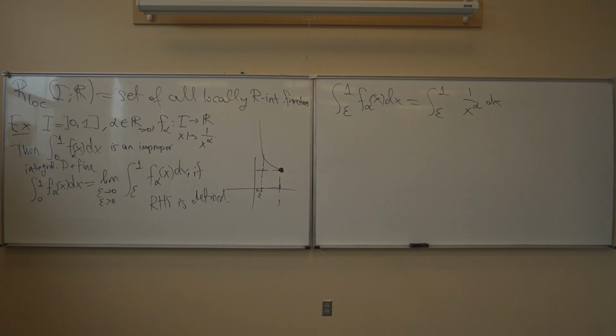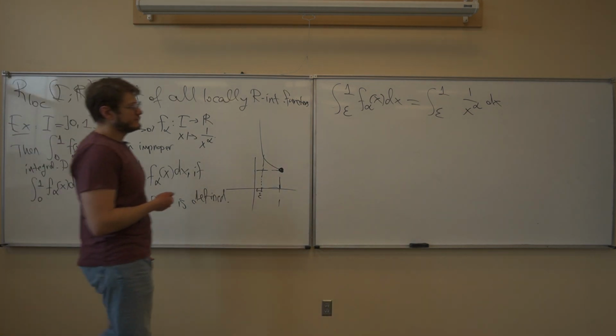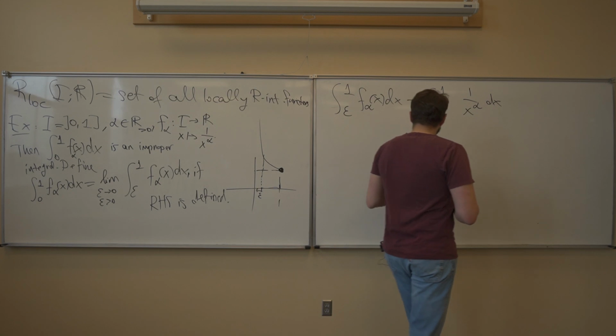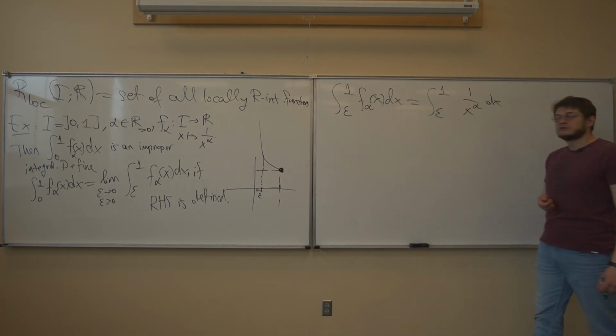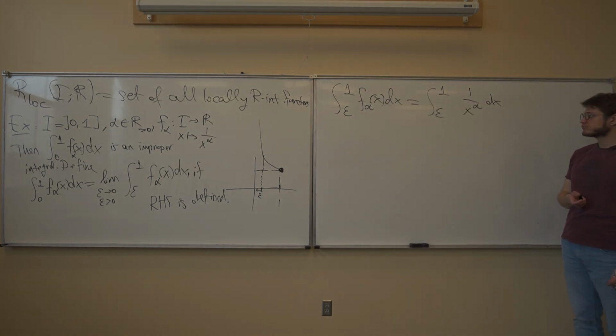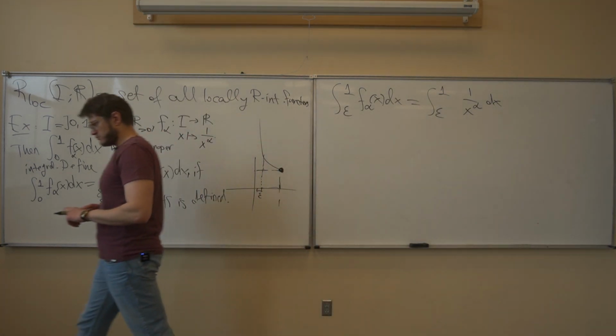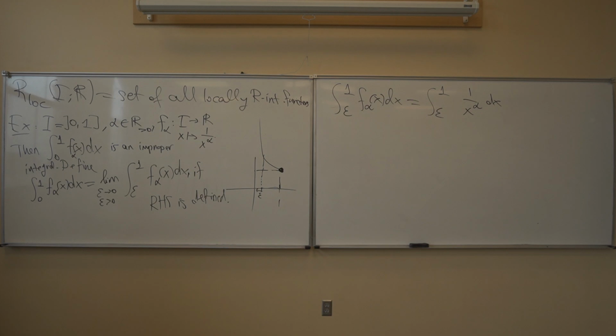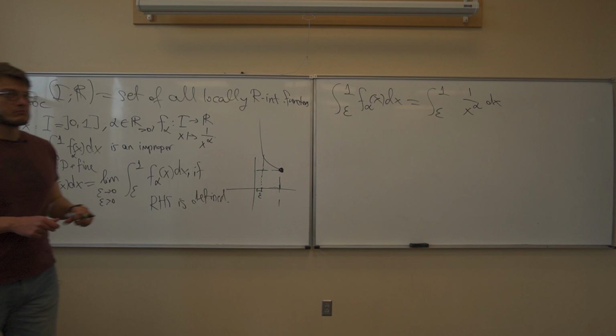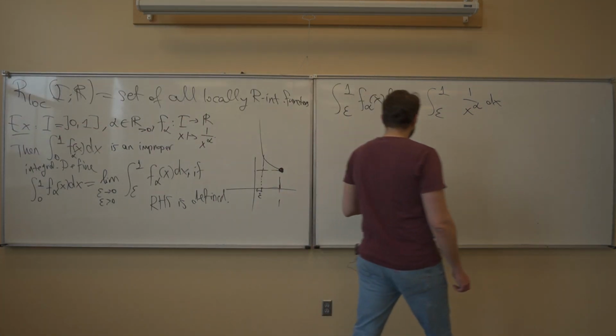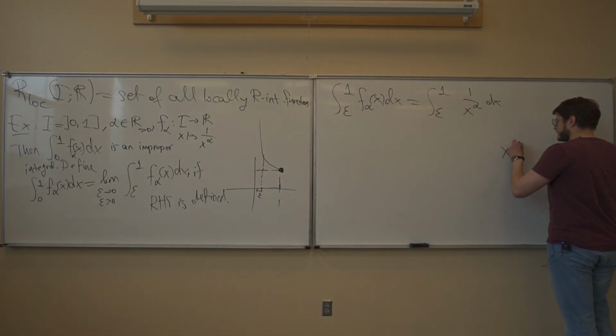But what is an antiderivative of 1 over x to the alpha? Is the antiderivative just going to be x to the negative alpha plus 1 divided by negative alpha plus 1? Is that what you mean?